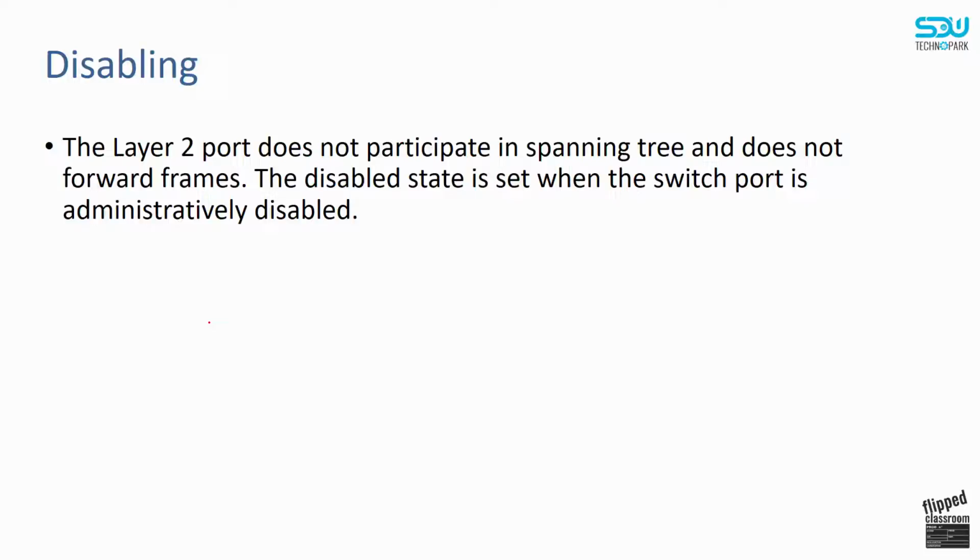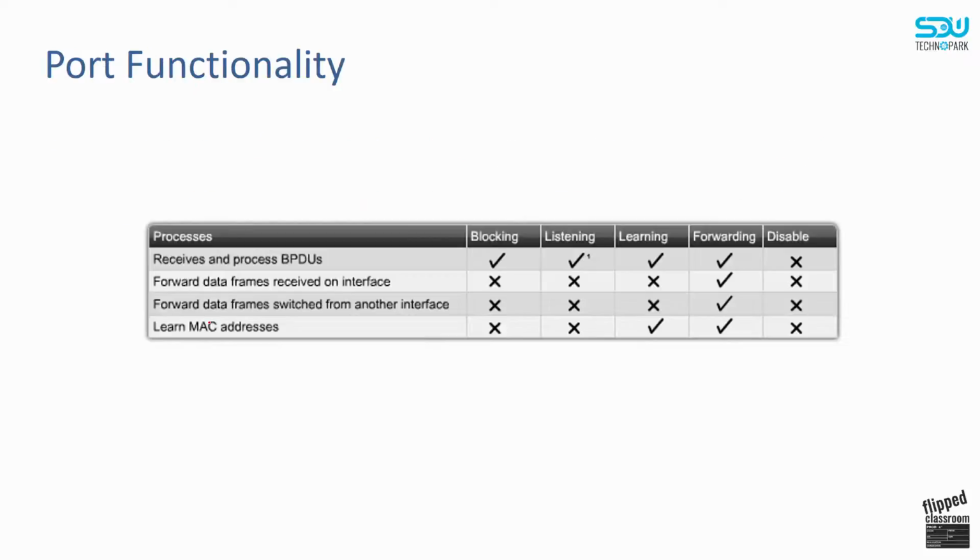It is just a port which is administratively shut down. So if we take a look at the port functionality, where we have the different port statuses like blocking, listening, learning, forwarding, and disabled, we find that the blocking port is receiving only BPDUs and nothing else.